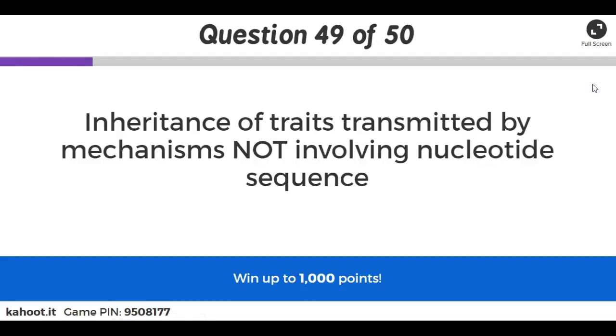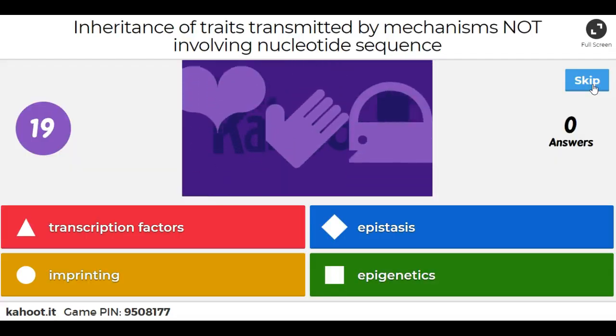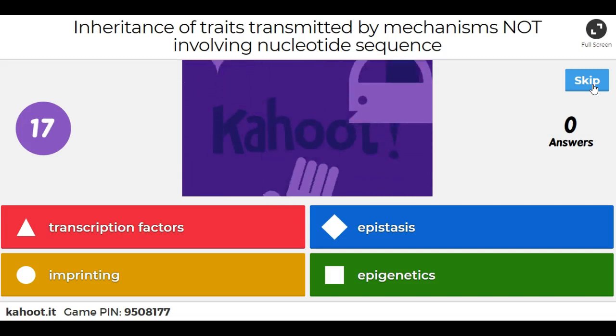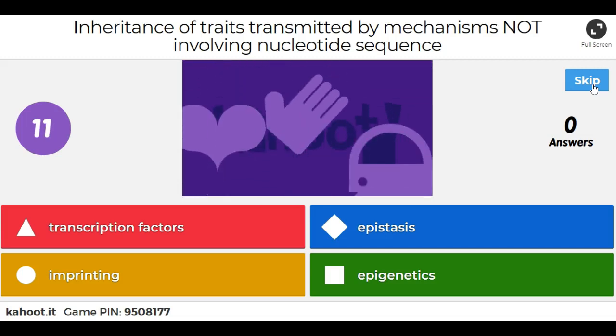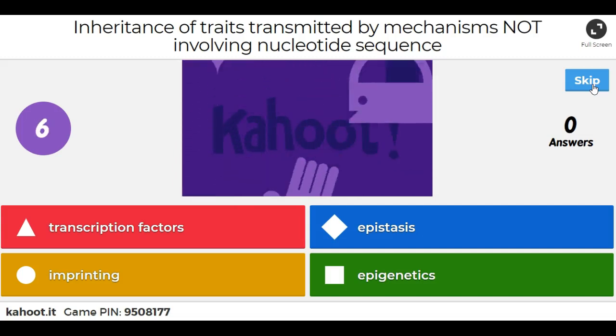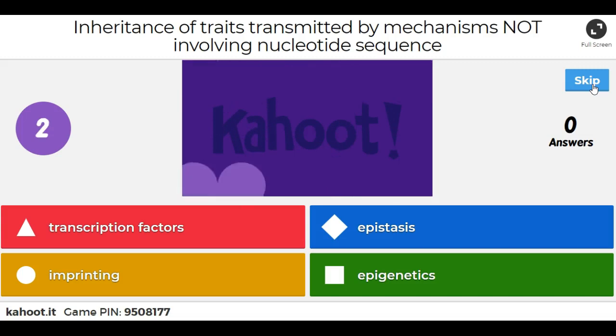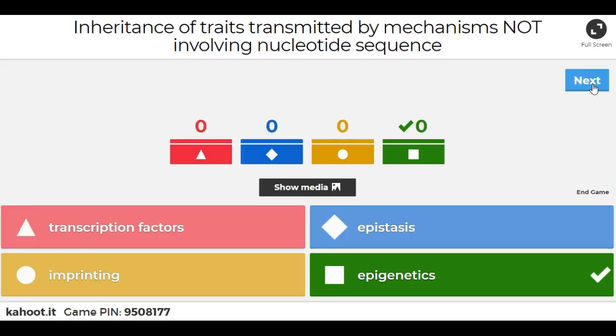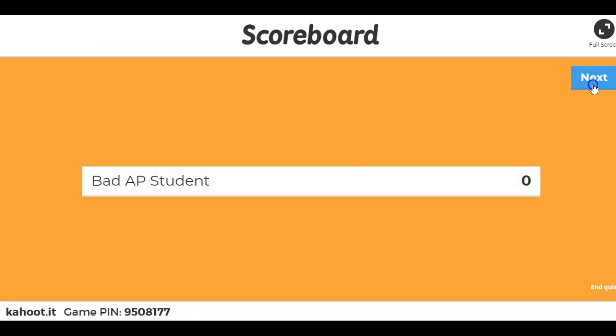All right, question 49. Inheritance of traits transmitted by mechanisms not involving nucleotide sequences. Epigenetics. So epigenetics is talking about methylation and acetylation.